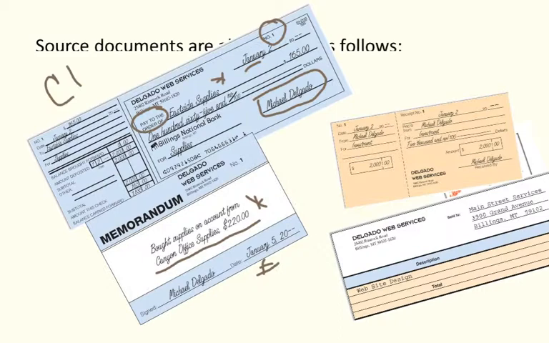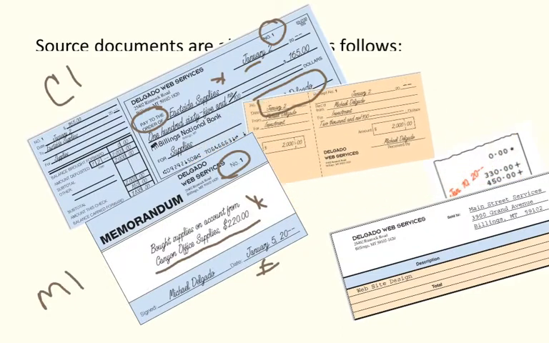They're just letting the accountant know. So our source document abbreviation would be M for memorandum, and you find the number 1, and there's the 1.